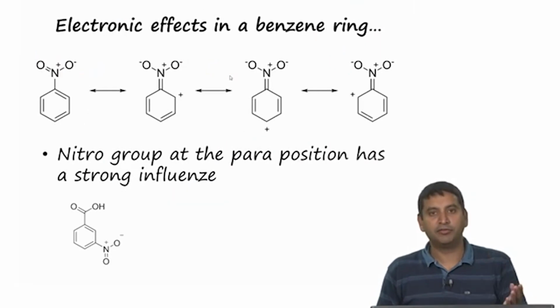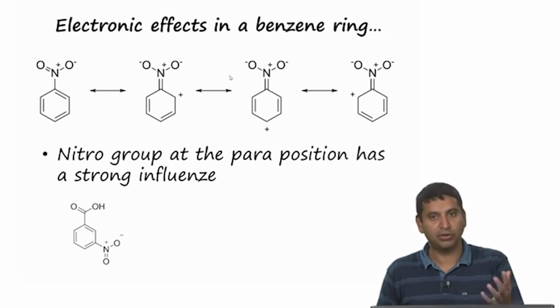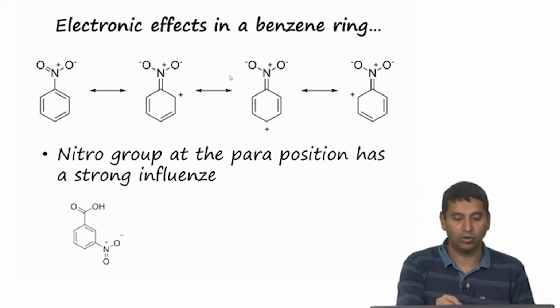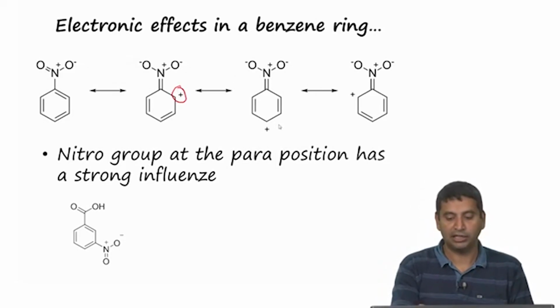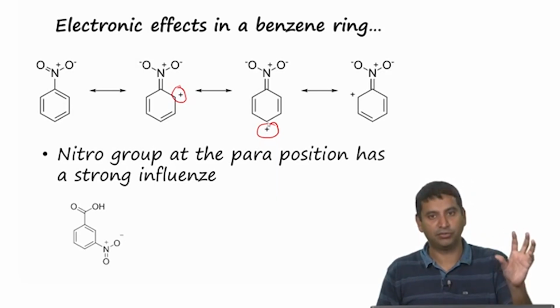We are already familiar with how a particular substituent can have an influence, whether it is on the para position or the meta position. Here is an example of a nitro group on a benzene ring. If I draw out the resonance forms, I see that there is a charge being localized in the ortho position and the para position, whereas in the meta position, the charge localization is not very good.